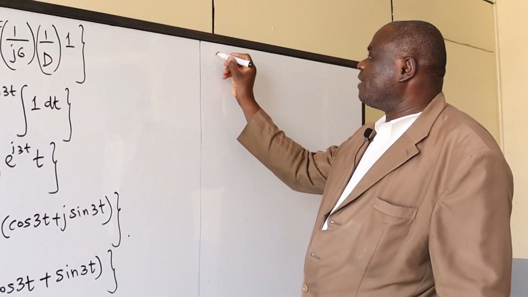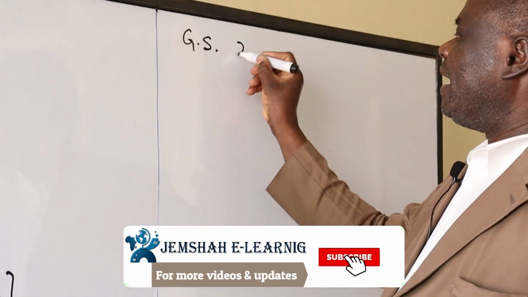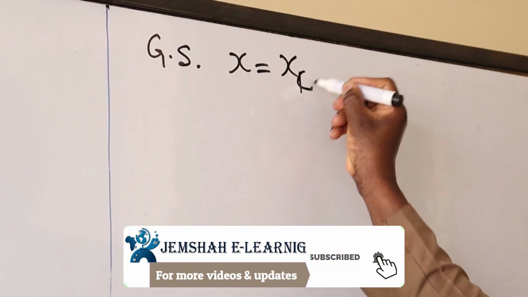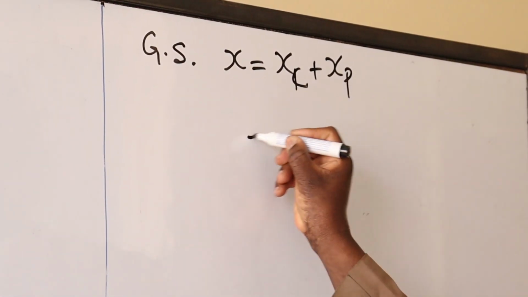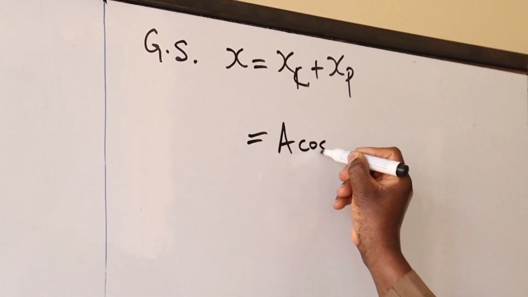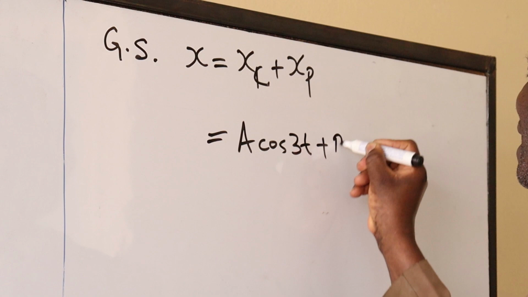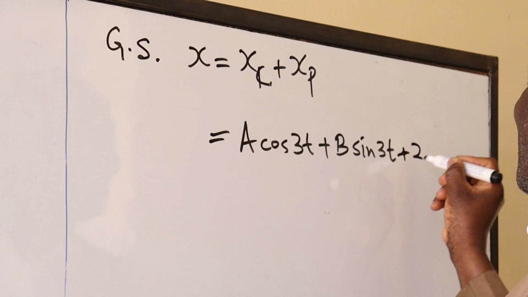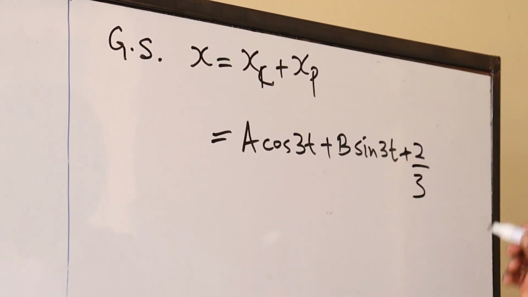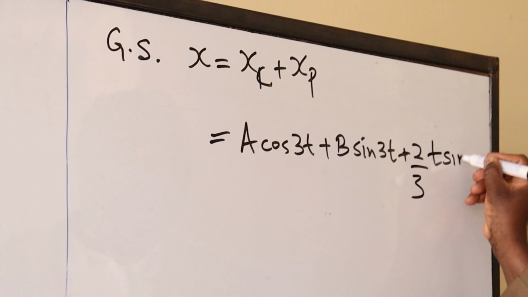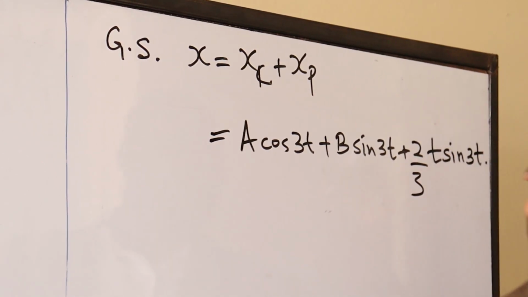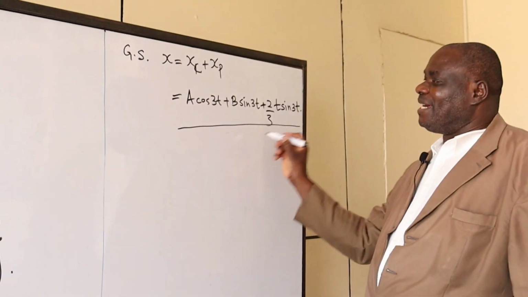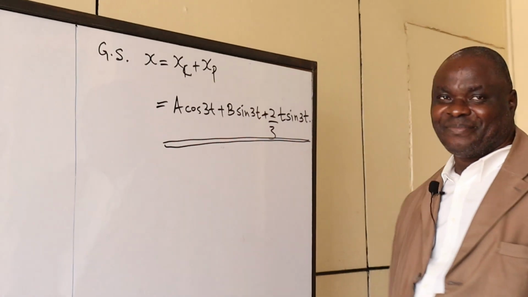So general solution GS, x will be equal to, we know it is xc plus xp, which will be equal to a cos 3t plus b sine 3t plus 2 all over 3 t sine 3t. And that is now the solution to that differential equation.